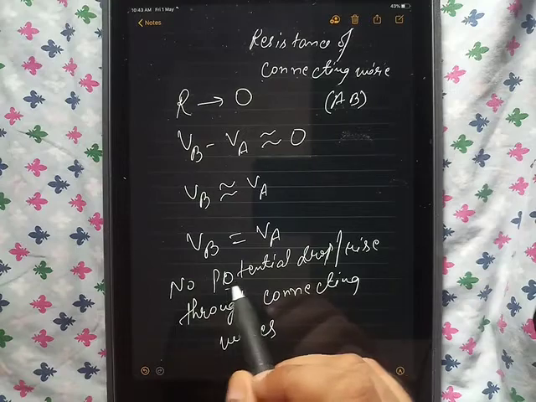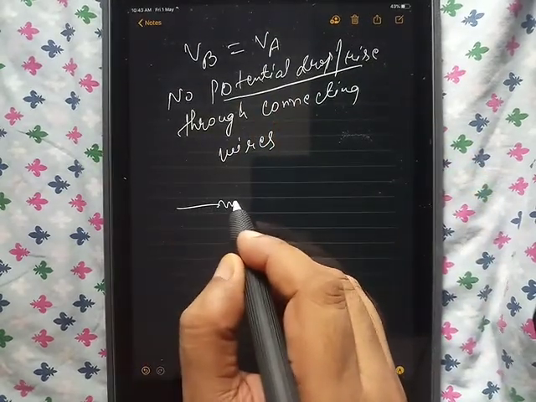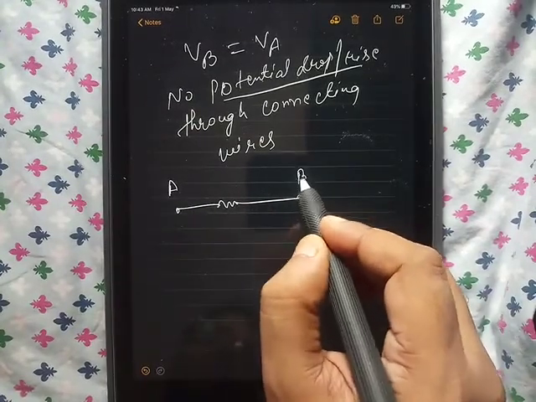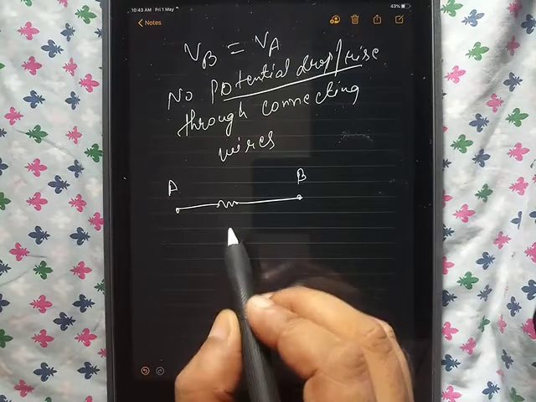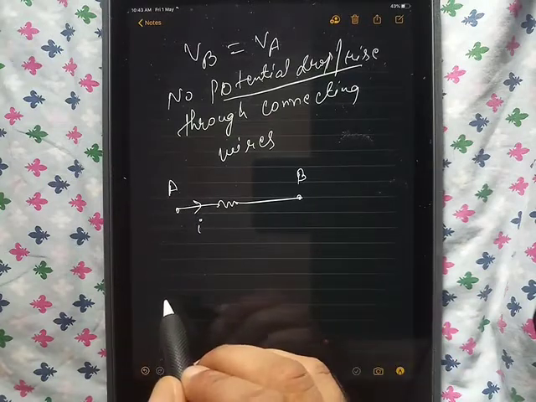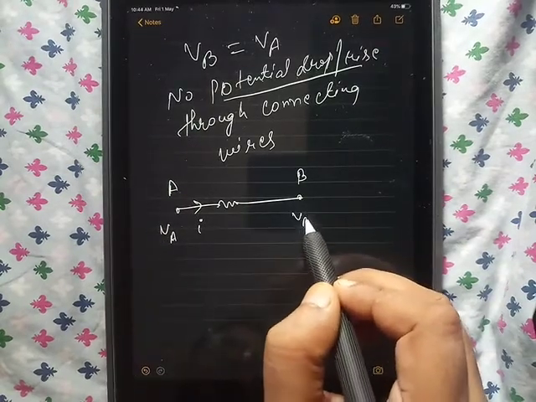What do you mean by potential drop or potential rise? It simply means, suppose if we go from point A to point B, due to this resistance, let current flow from A to B. It means A will be at higher potential and B will be at lower potential.